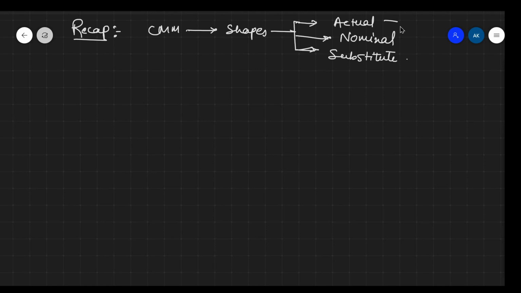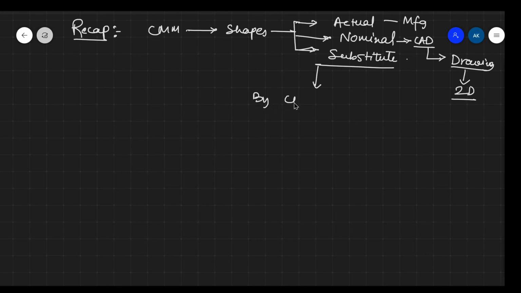Actual was what you got by manufacturing. Nominal was what you gave the manufacturer to manufacture. This was given as a CAD design or by 2D drawings. And substitute is what you got by CMM. Of course, CMM does not give you the substitute shape directly, but it will construct it.